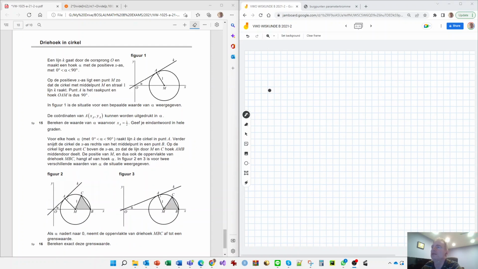Question 15. We have a line K through the origin with an angle alpha. There's a point M on the x-axis, which is the center of a circle with radius 1.